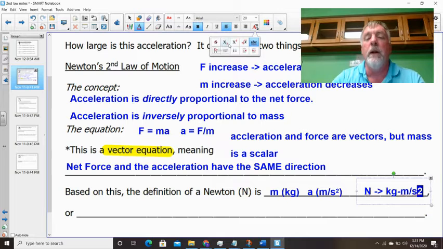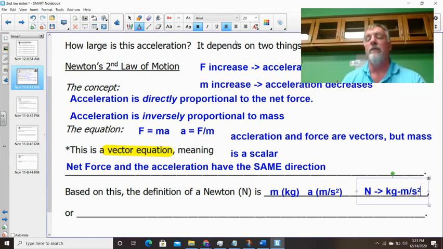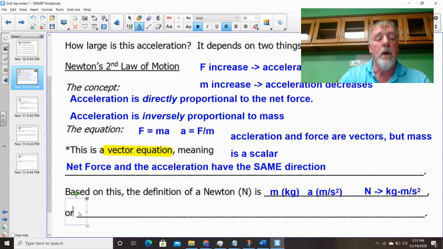Now, the reason I'm mentioning that is because when we're doing some of our problems, we have to make sure we have the right definition of our units. So when we do our calculations, we need to make sure all the masses are put into kilograms, or we're going to end up with the wrong dimensionality, and we'll be off by a factor of 10 or 1,000, depending on what we've done.